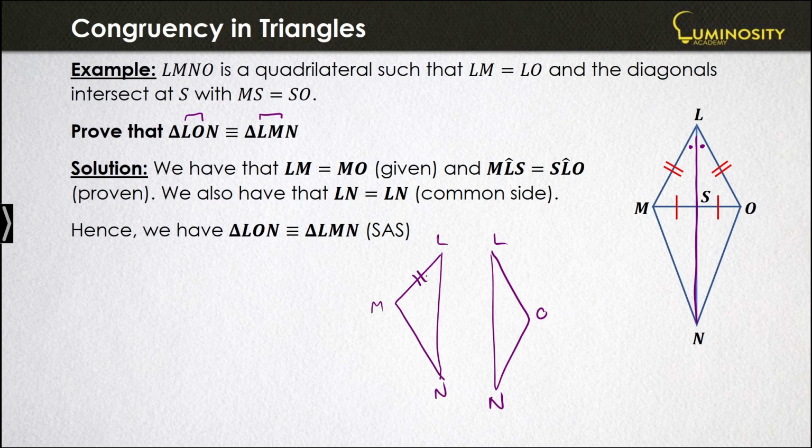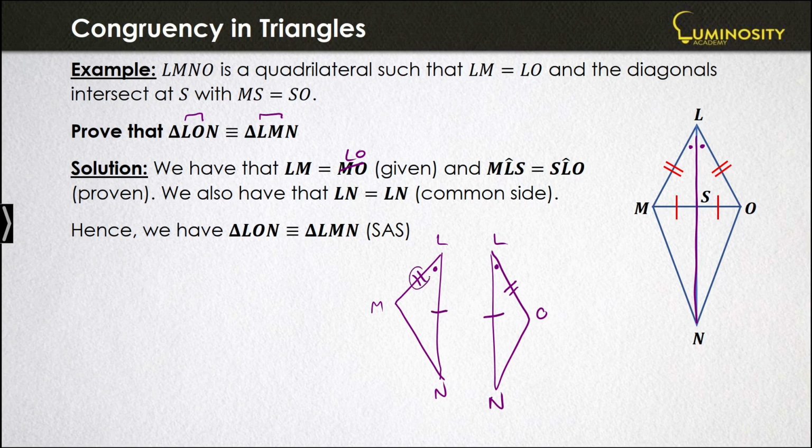So LM and LO is given to us. And angle MLS, we proved that that angle there is equal to angle SLO, which is this angle here. We've proven that in the previous one. And then LN is equal to itself.